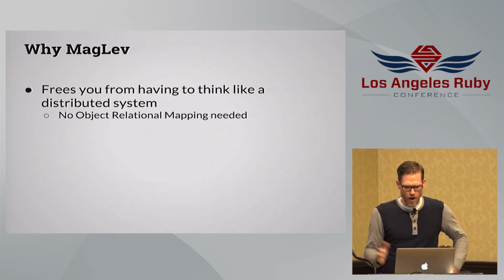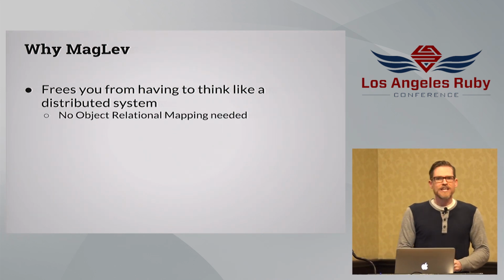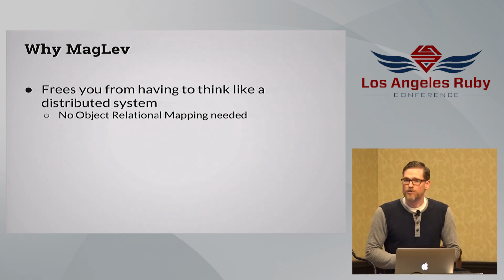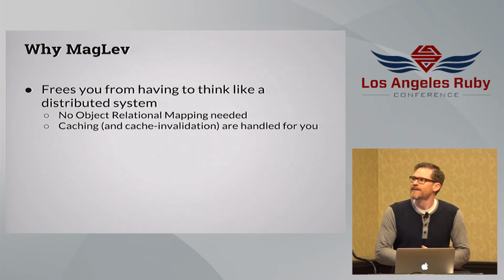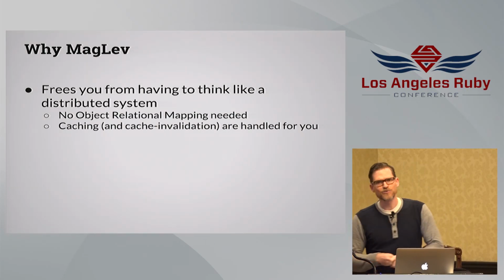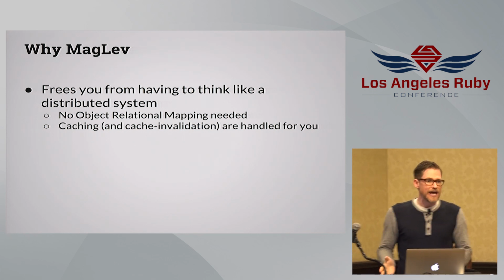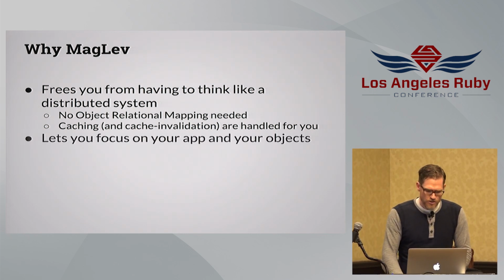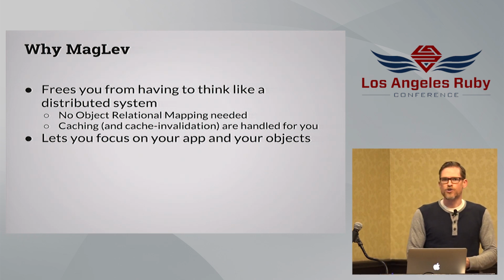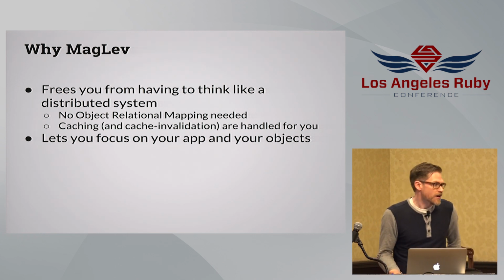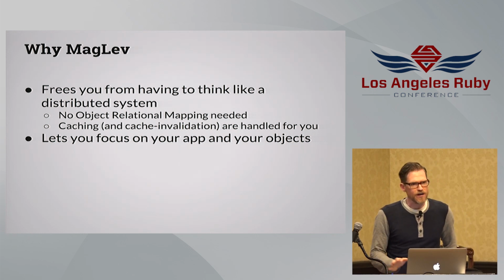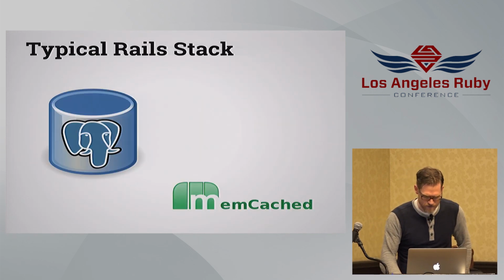A big thing is you don't need an object relational mapping layer. You're able to just persist your native objects. Also caching, and thus cache invalidation, which is one of the hard problems, is handled by the same platform. You don't have to really worry about it. So this really lets you focus on your app and the stuff that you're really worrying about, and less about boilerplate code and a lot of layers of abstraction.